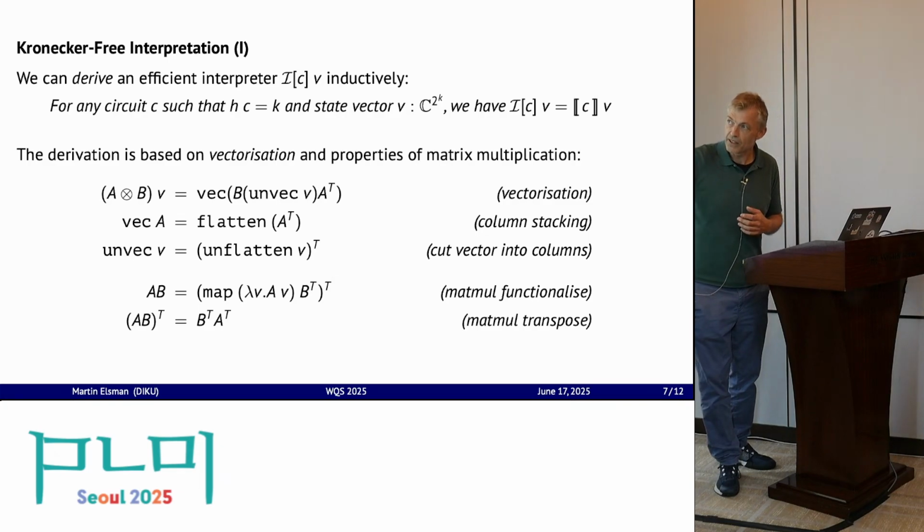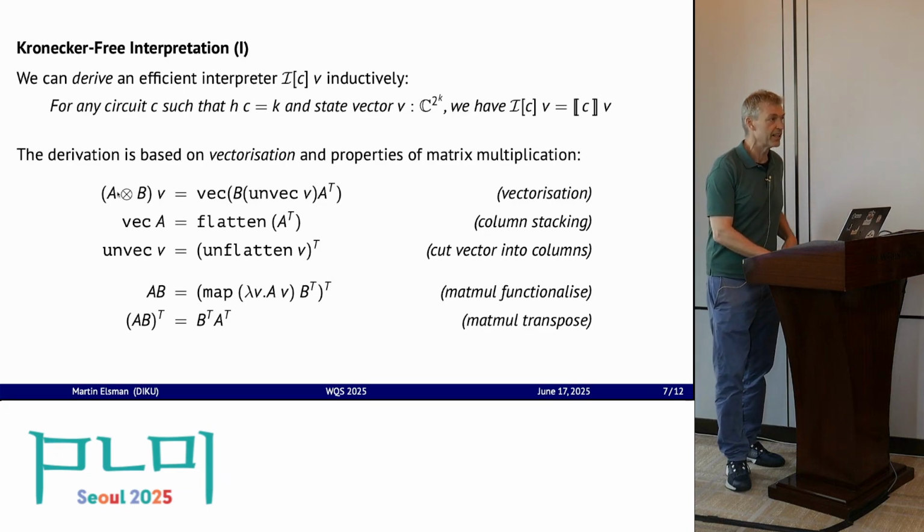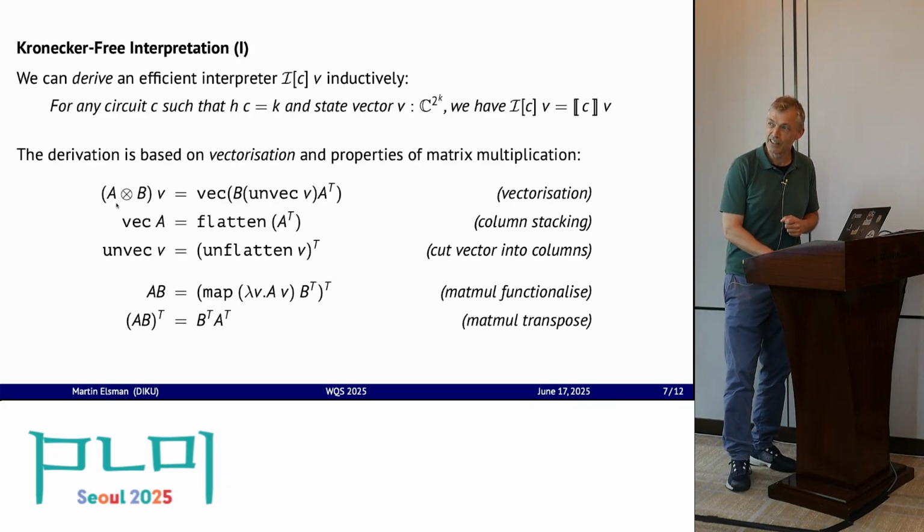And this is based on this notion of vectorization and the properties of matrix multiply. Vectorization is this particular thing. One can look up in Wikipedia how that is defined. There's also a preprint which specifies some direction for where to find this mentioned in the literature.